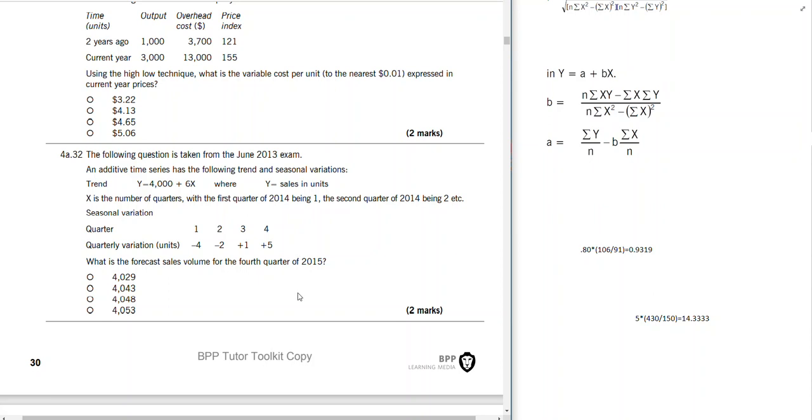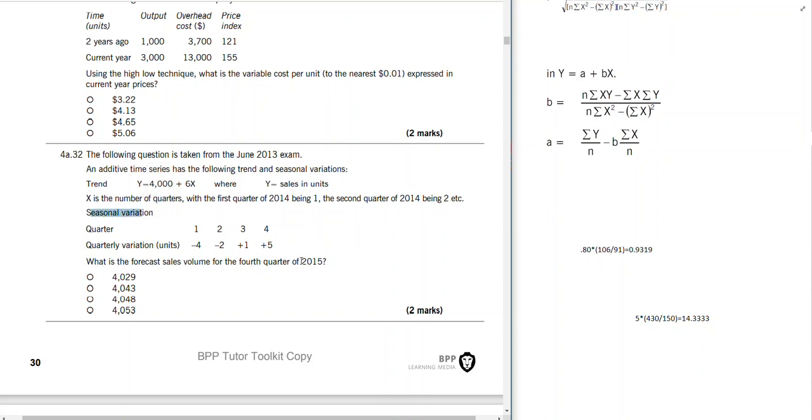What is the forecast sales volume for the fourth quarter of 2015? The following question is taken from June 2013. An additive time series has the following trend and seasonal variations. We have trend y equals 4000 plus 6x, where y is sales in units and x is the number of quarters, with the first quarter of 2015 being 1, the second quarter of 2015 being 2, and so on. Seasonal variation is given.